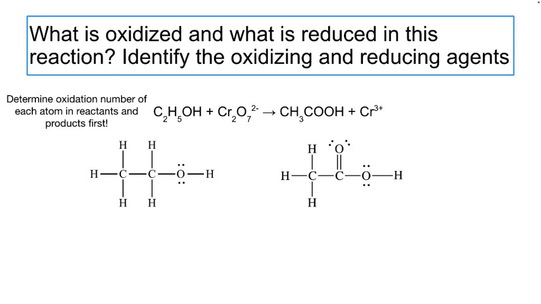Right? And the only way we'd be able to differentiate that is by doing what? Looking at a structure. Okay? Which is why we have structures drawn out here so that you can evaluate those oxidation states.